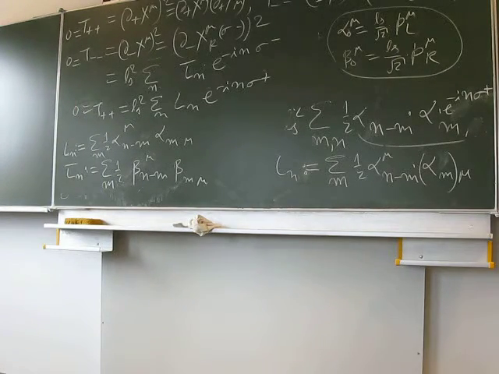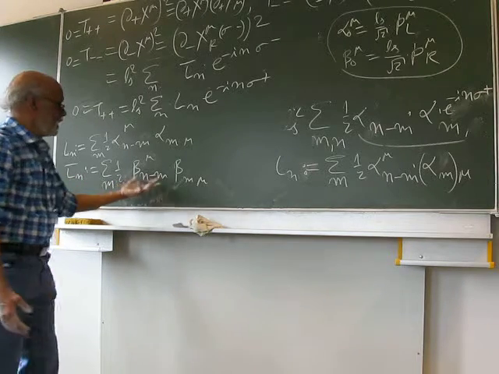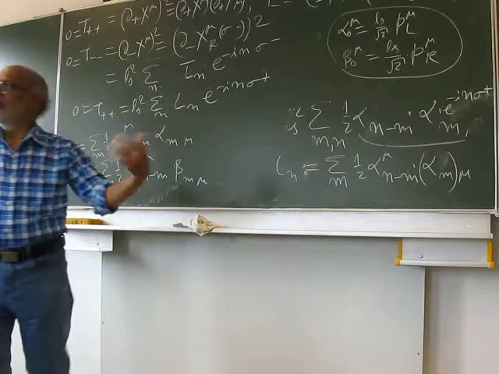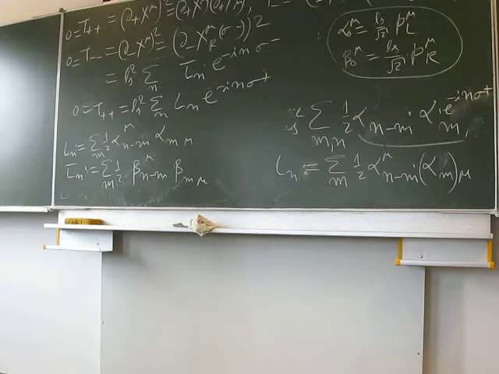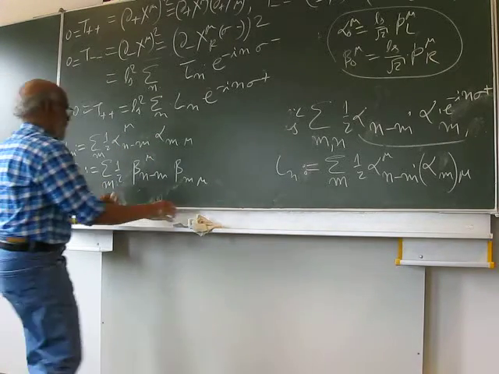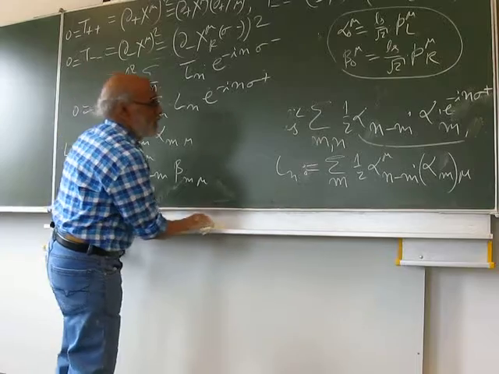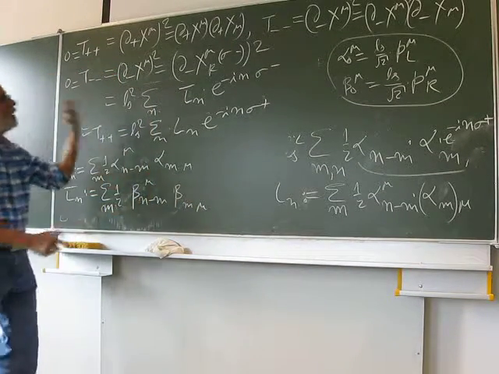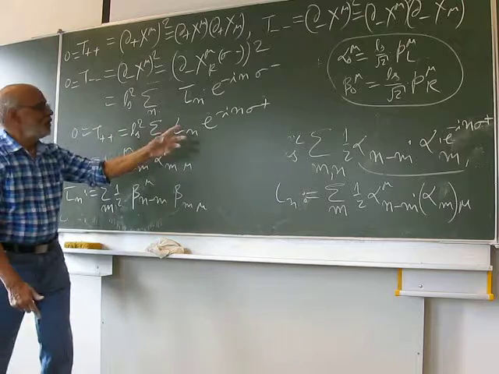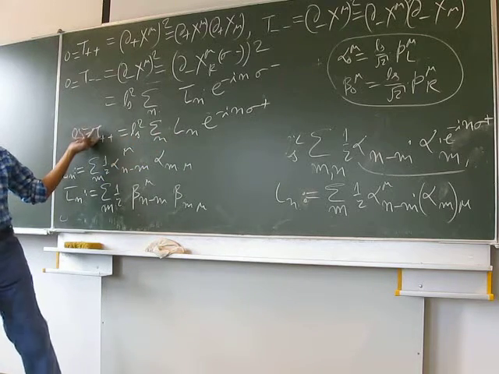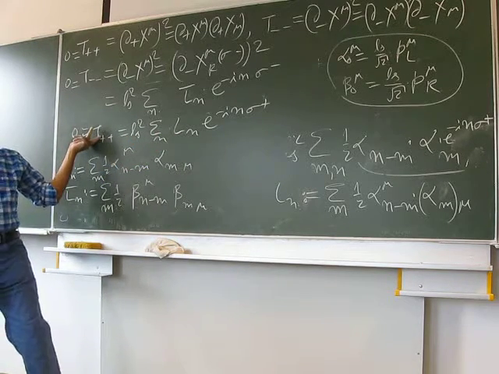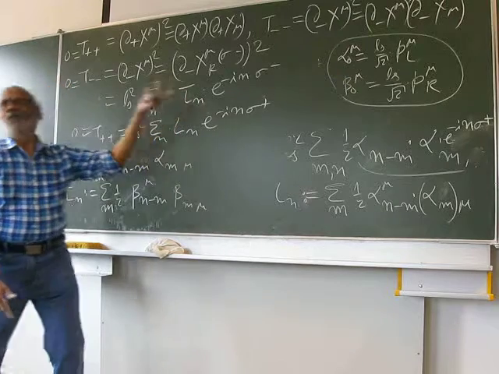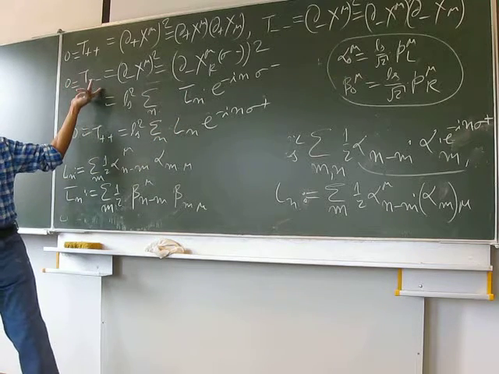They are expressed in terms of the annihilation and creation operators or the Fourier modes. Now we derive some more conditions on these Fourier modes, alphas and betas. But we remember in our mind that my L n is the Fourier mode of T plus plus, and my L n bar is the Fourier mode of T minus minus.